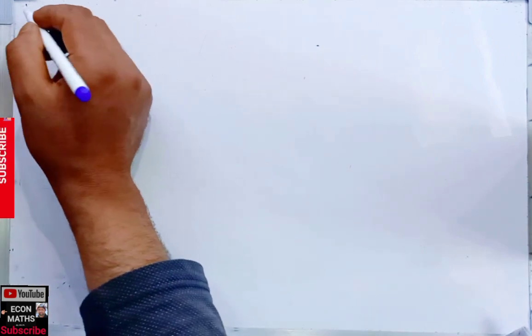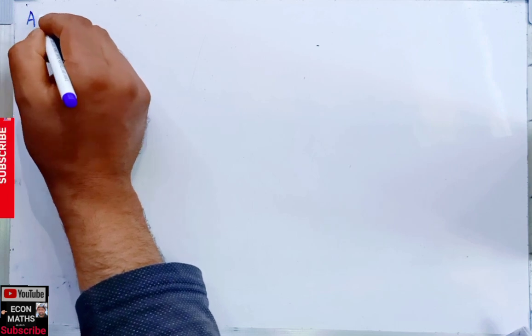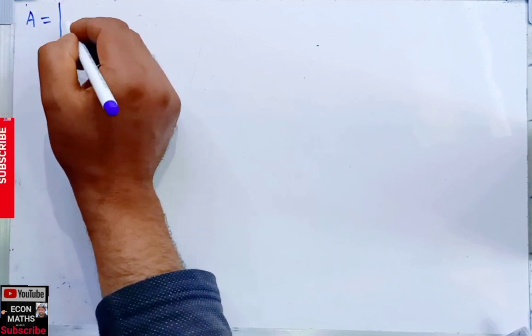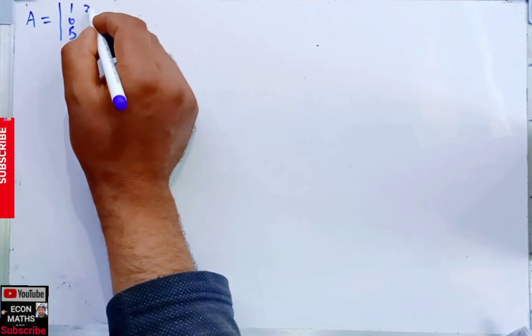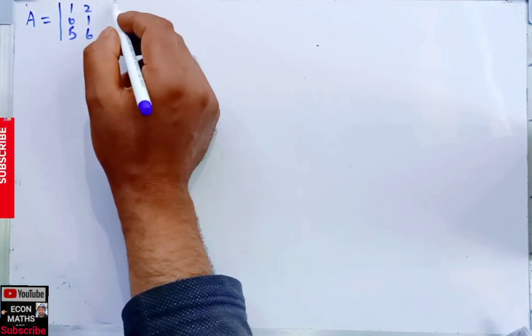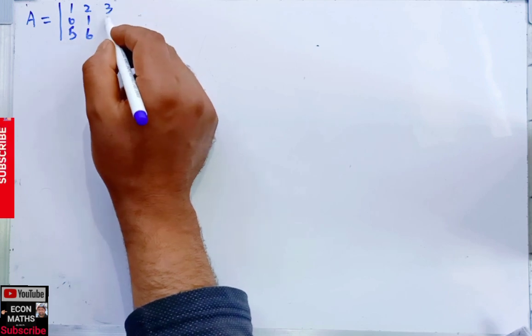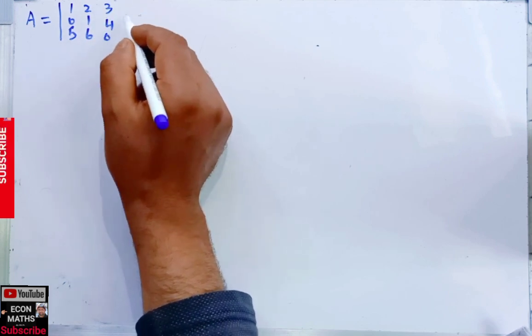Let us say A is equal to 1, 0, 5, 2, 1, 6, 3, let us say 4 and 0.